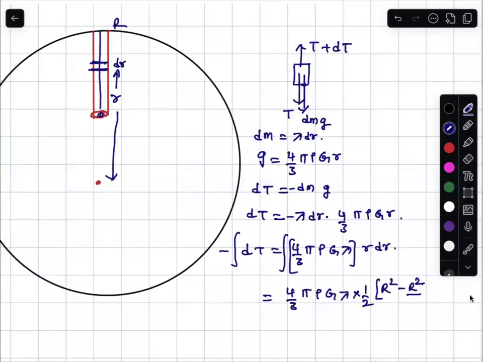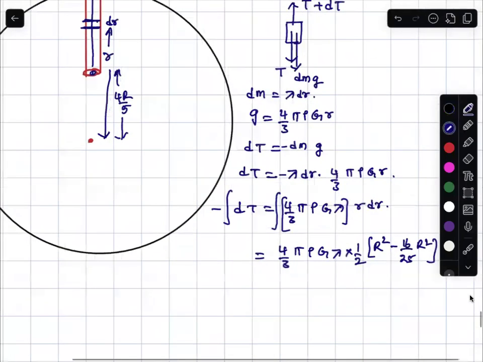Wrong. 4r by 5. So I told you a lot of times, don't do by yourself. You do it while it is in a practice session, but in my presence, better you listen. Now what is going to happen in this 16 by 25 r square? So that is the difference of the tension.